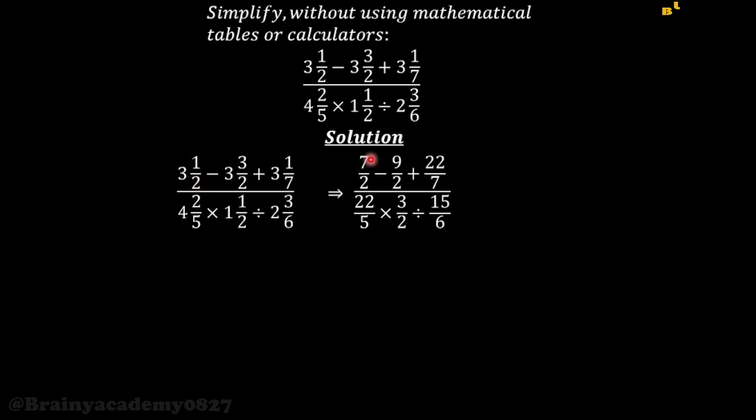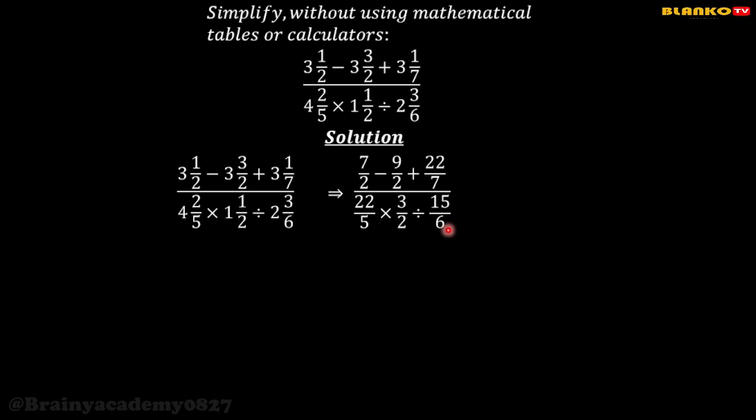So that is what we have here, 7 over 2. Changing all the mixed fractions to improper fractions, we got 7 over 2 minus 9 over 2 plus 22 over 7, all over 22 over 5 times 3 over 2 divided by 15 over 6.